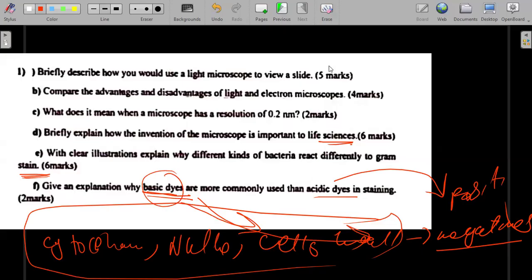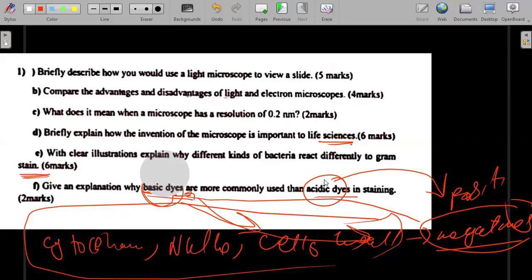It's as simple as that. That's the main reason why most of the stains are basic rather than acidic: most of the structures are negatively charged and are stained by your basic dyes. I hope that is also clear.